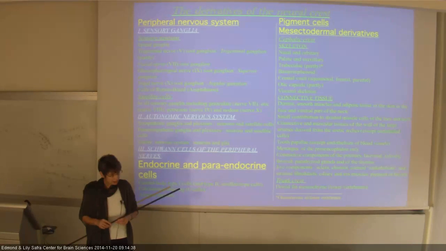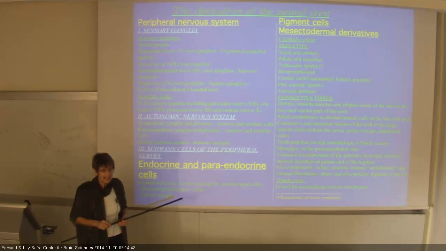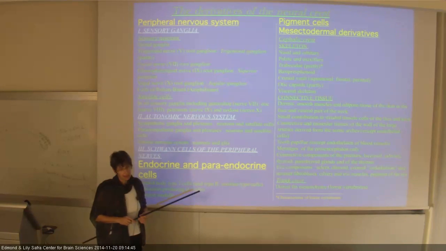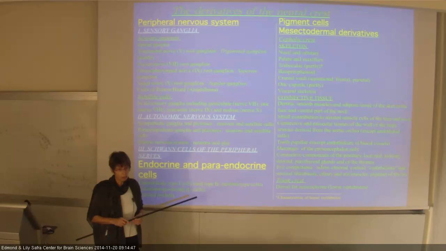The gut develops most of it from the endoderm, but the musculature of the gut comes from the mesoderm, and the entire innervation of the gut comes from the neural crest. And this comprises two things.